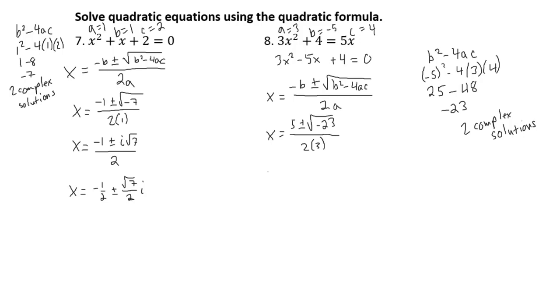So then we get x equals 5 plus or minus i root 23, which is a prime number, so I'm not going to simplify, all over 6, which then, of course, to put in complex a plus bi form would be 5/6 plus or minus square root of 23 over 6 i. All right, let's look at another example.